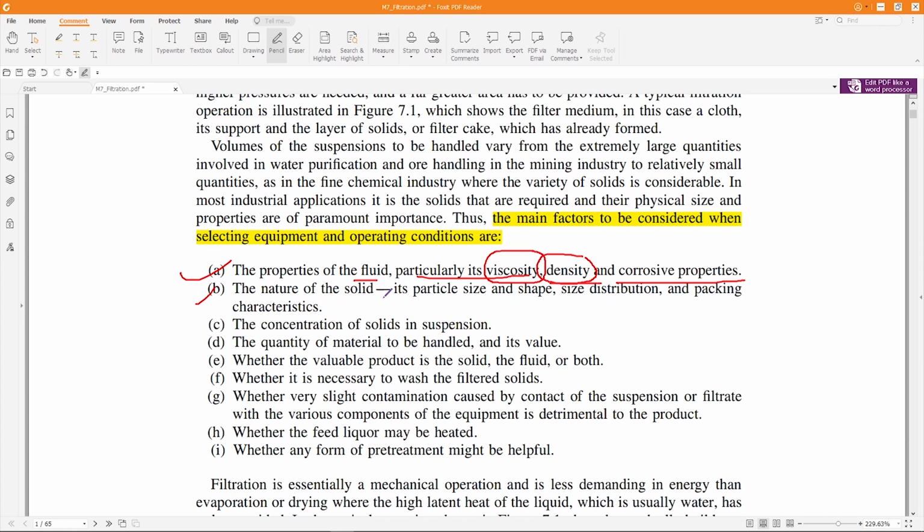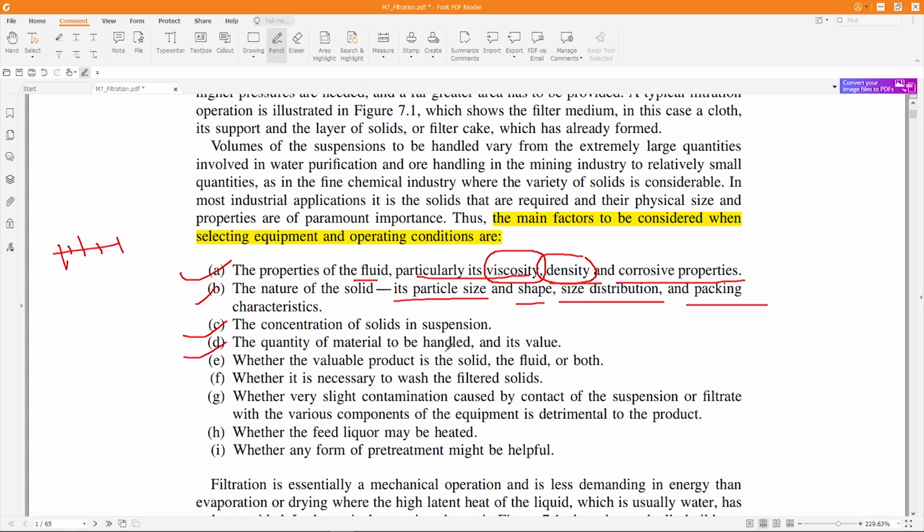The nature of the solid: the solid particles in the suspension, what is the particle size, what is the shape, what is the size distribution, packing characteristics, and so on. See the concentration of solids in suspension. If you have a large concentration of solids in the suspension, then it will be very difficult, right? The particles will block the filter medium. So you have to take care of that also.